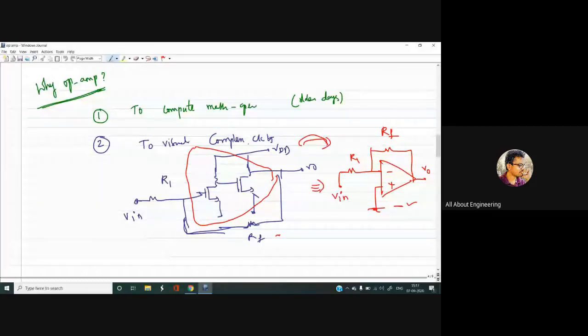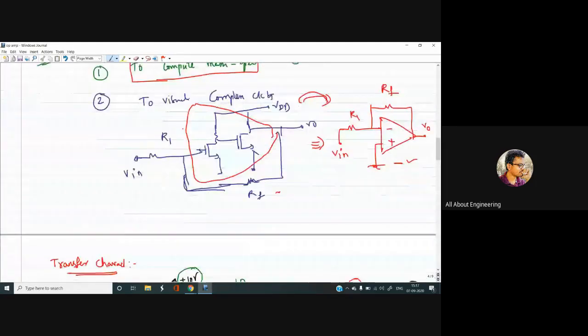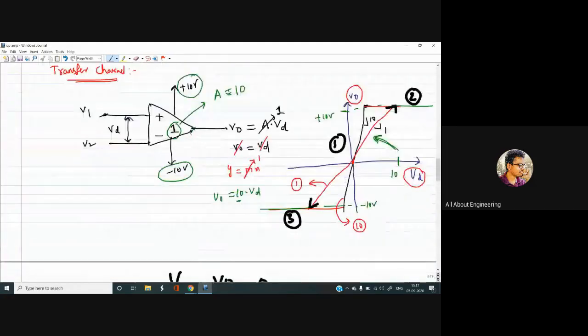Now in this lecture we are going to see how we can compute the mathematical operations using an operational amplifier. I have already explained the transfer characteristics for an amplifier of gain 1. Then I took an example for gain 10, and we observed that the slope was increasing gradually.